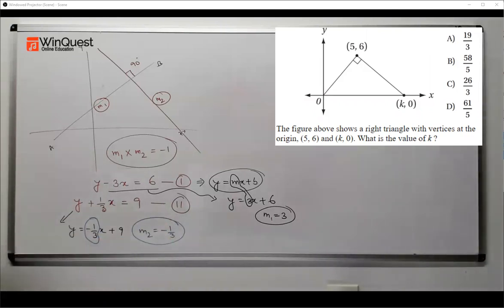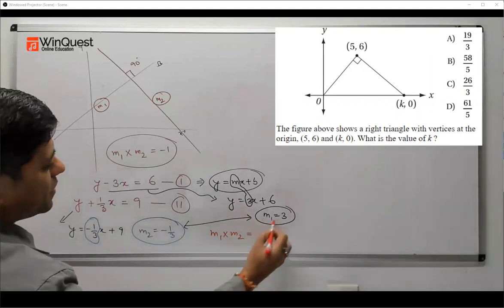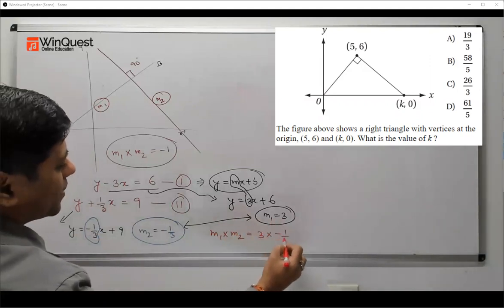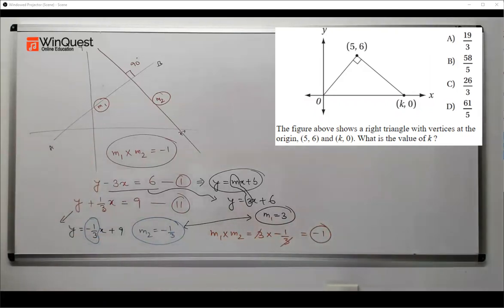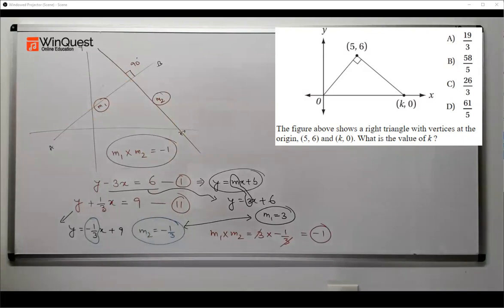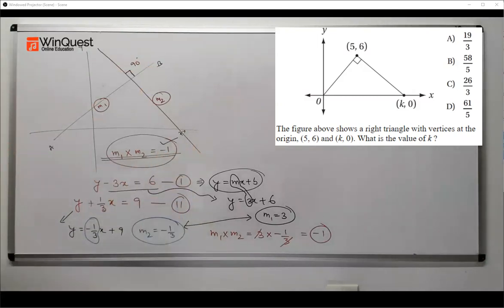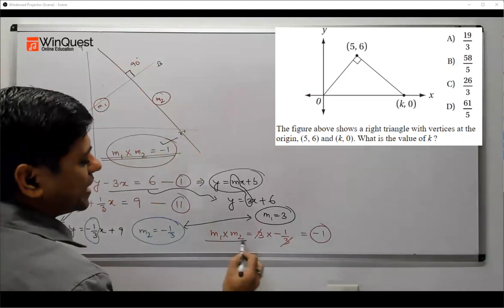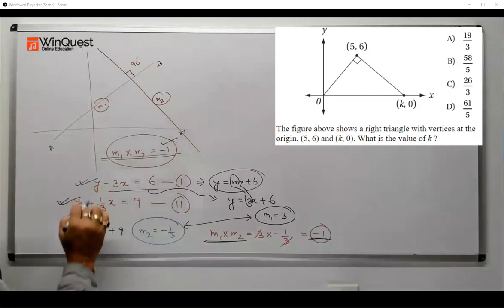If I multiply m1 by m2, this becomes 3 multiplied by minus 1/3. The 3 cancels out, and this becomes -1. We know that two lines intersecting each other at a 90-degree angle will have this slope relation. As we established that this is the case with these two lines, this line and this straight line are perpendicular to each other.